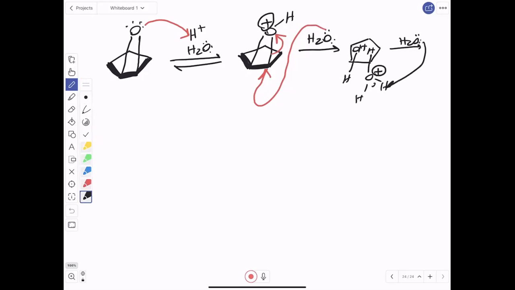After deprotonation, we have the final product, which is a trans diol.